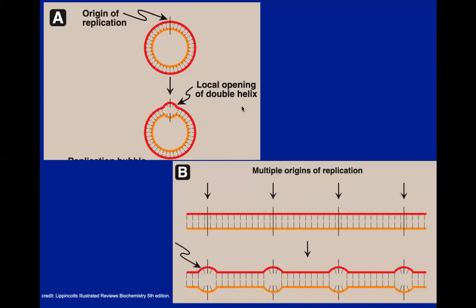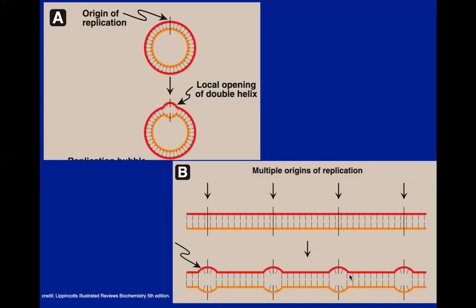So you can see here a single origin of replication in the bacterial chromosome. Circular chromosome, single origin of replication, and local unwinding happens here. Whereas in the case of a linear chromosome, as in the mammalian genome, there are multiple origin of replication sites.